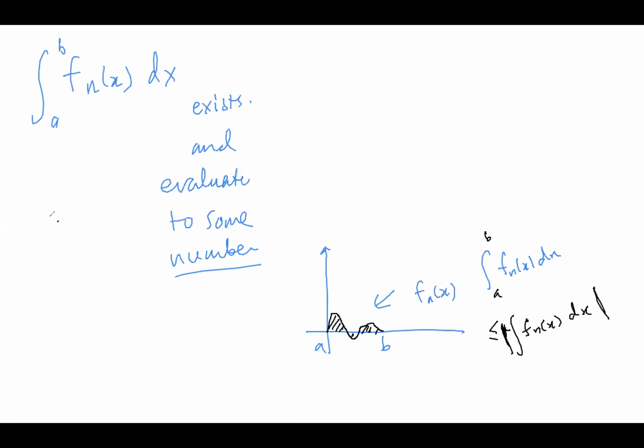For example, if your function is negative, the integral is going to be some negative value. It's definitely bounded by the absolute value, because the absolute value is always positive.